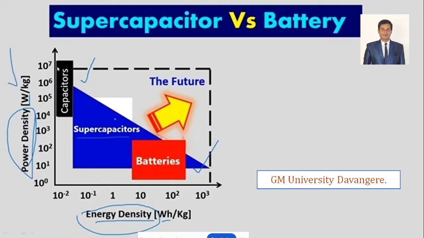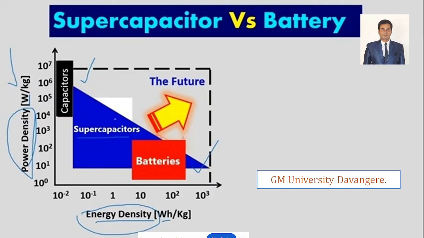Capacitors may have the higher power. In the battery, the power is very less, but the energy is more. The delivery of the power is very less, but the energy is very high. When you compare with the supercapacitors, the supercapacitors have more power and less energy.